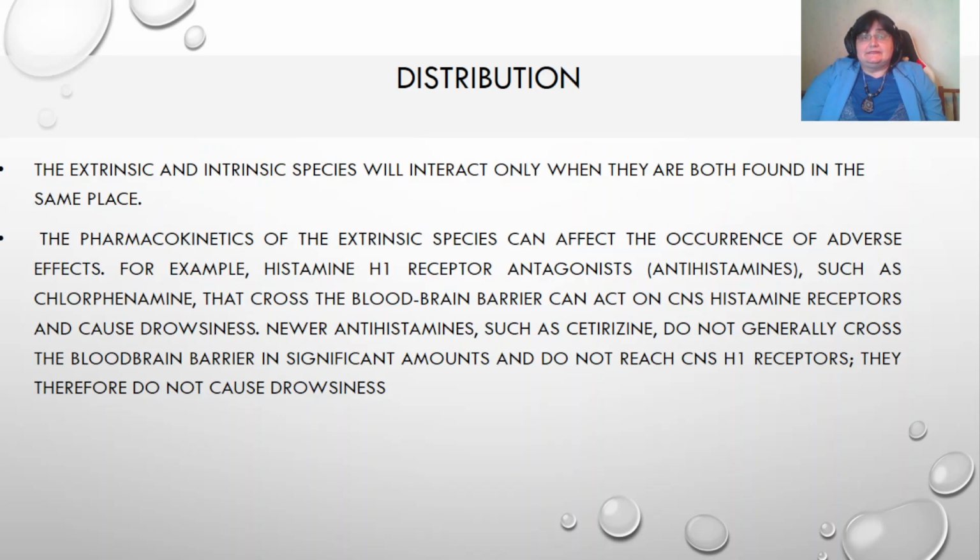Distribution. The extrinsic and intrinsic species interact only when they are both found in the same place. The pharmacokinetics of the extrinsic species can affect the occurrence of adverse effects. For example, histamine H1 receptor antagonist antihistamines, such as chlorpheniramine, that cross the blood-brain barrier can act on CNS histamine receptors and cause drowsiness.